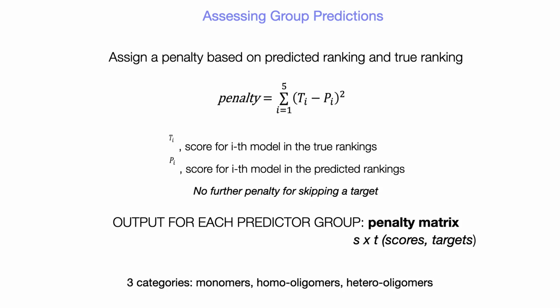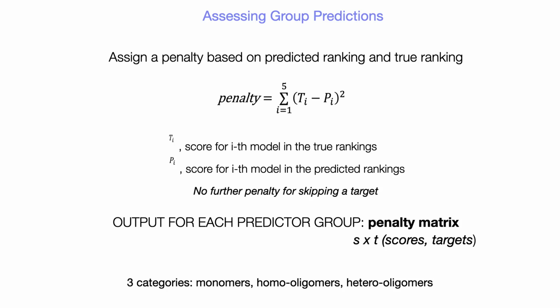Obviously here the best penalty you can possibly get is 0 penalty, where you've successfully identified the top 5 models, but you don't get penalized for skipping one of the targets once you've hit that 80% mark. From this first step of processing, what we get is what I've called here a penalty matrix, which is essentially a matrix of penalties where each predictor group has a penalty for each score and for each target.